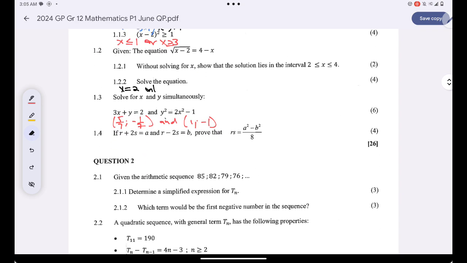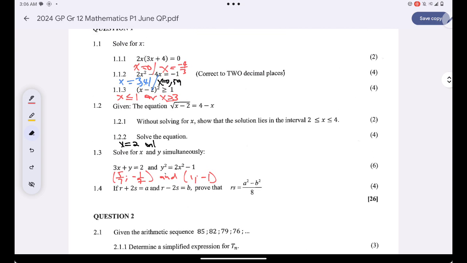Okay, if r plus 2s is equal to a, and r minus 2s is equal to b, prove that the product rs is equal to a squared minus b squared over 8. How can I do so?